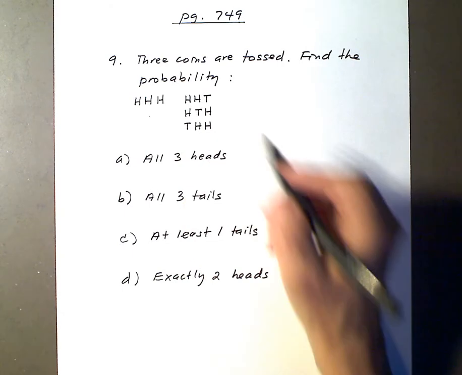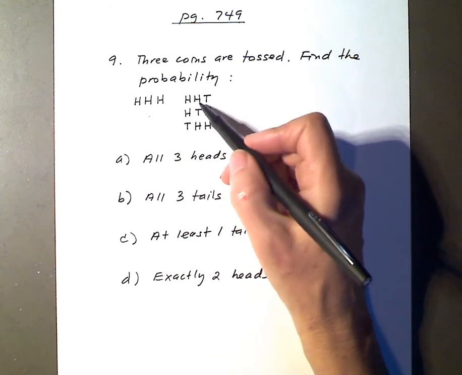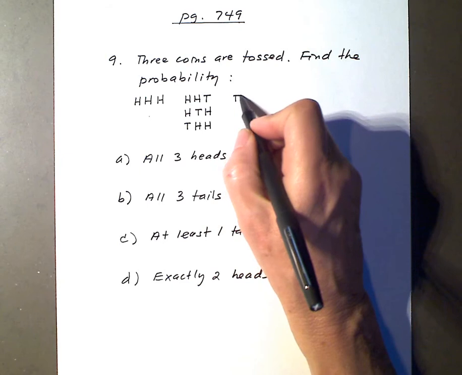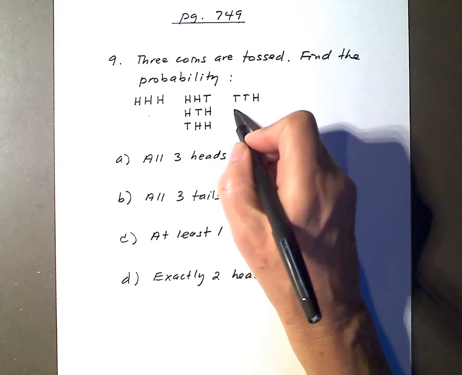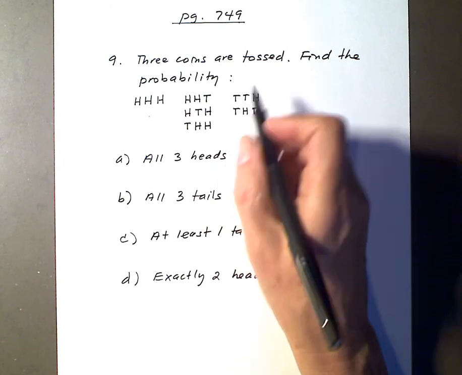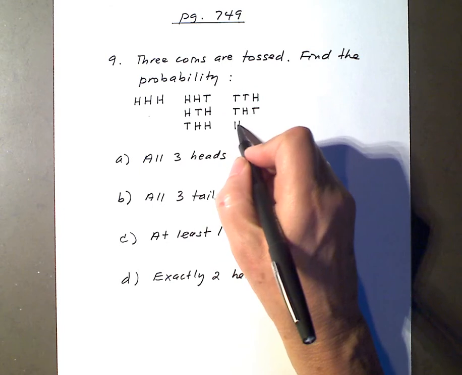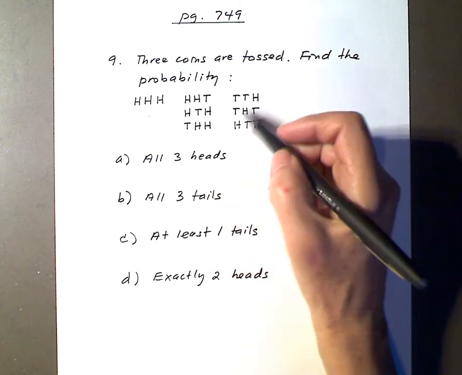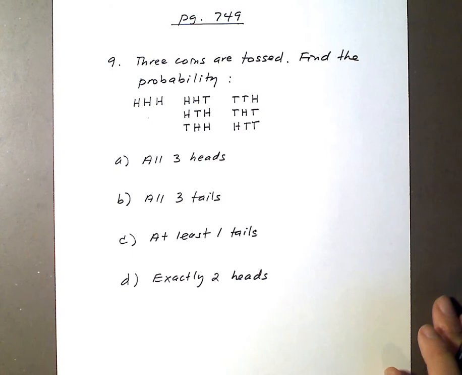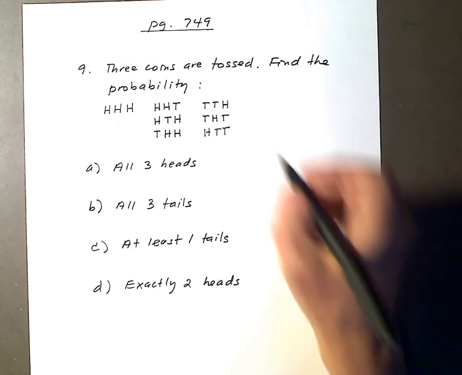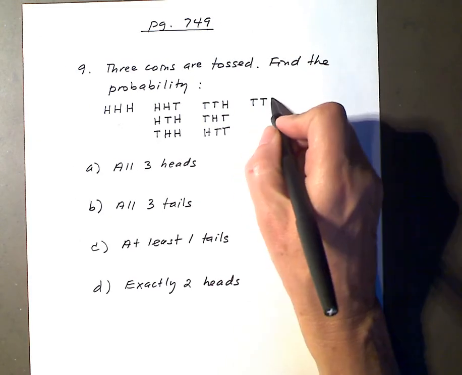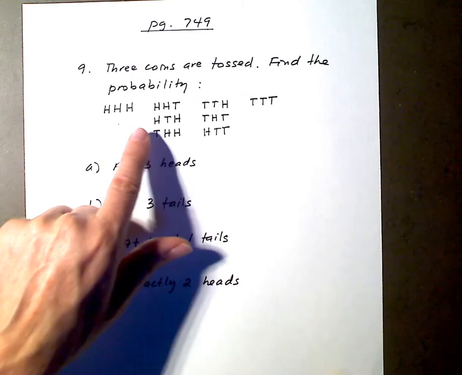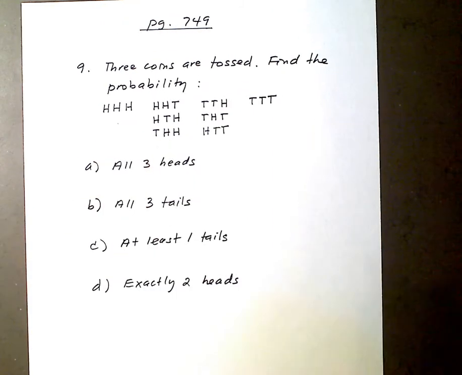Or maybe instead I have 2 tails and 1 head, so I could have tails, tails, heads, tails, heads, tails, or heads, tails, tails. So in the order of the 3 coins that could occur. And then the other situation is I could have all 3 tails. So if you count these up, there are 8 possible outcomes.